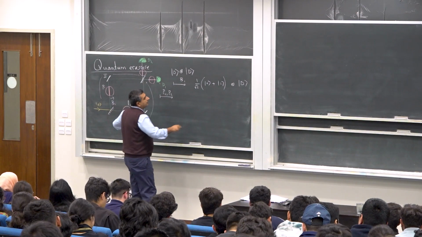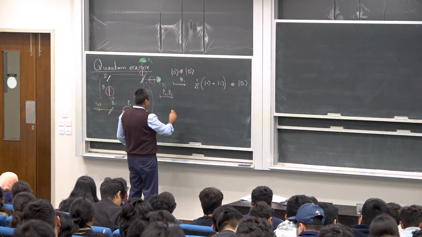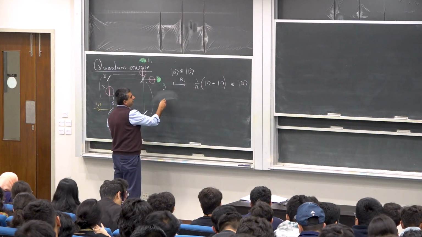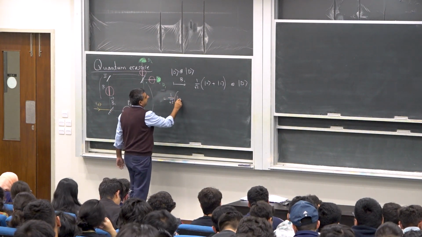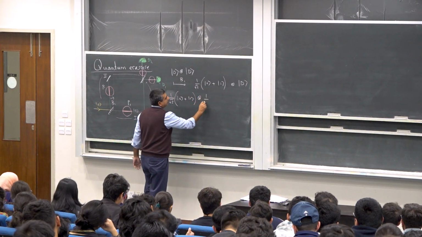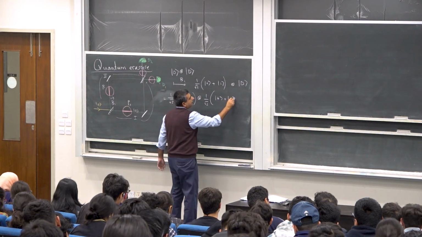I can also, before I do this step, spell this out. This is 1 over root 2 times (ket 0 plus ket 1) for the path, and (ket H plus ket V) for the polarization.